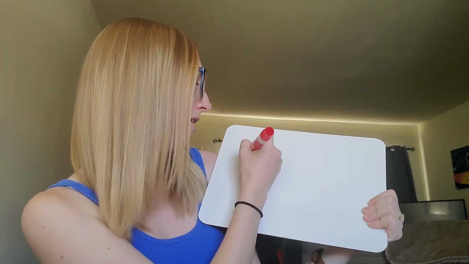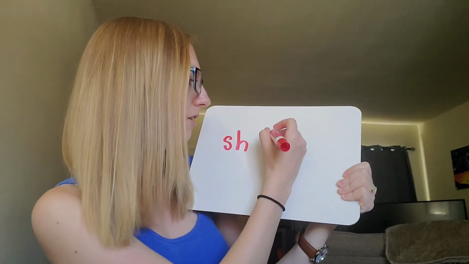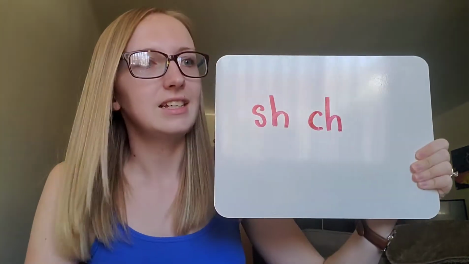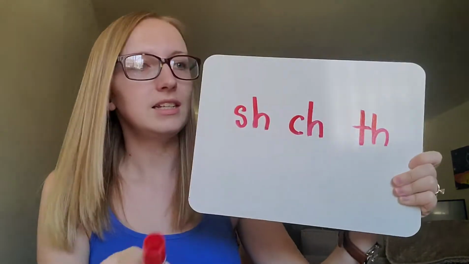Okay? So what we're going to do first is we're going to start by stretching out some words that have one of these 3 sounds in them. They either have SH, CH, or TH, so it's going to have one of those sounds in them.